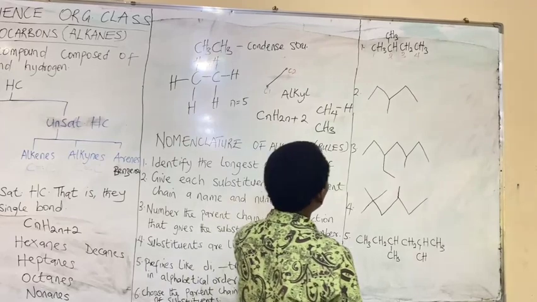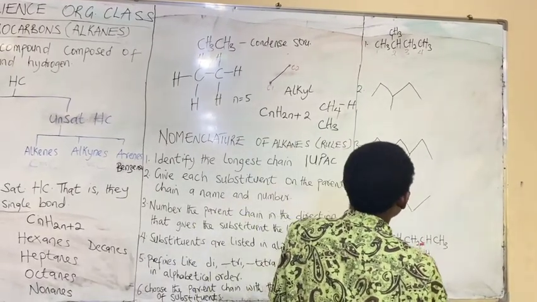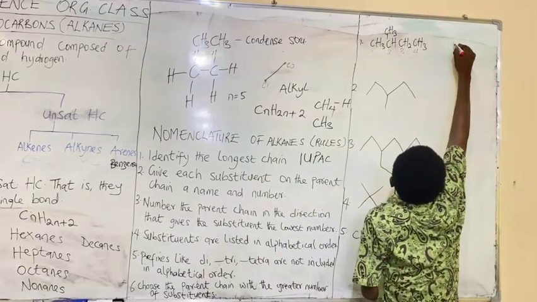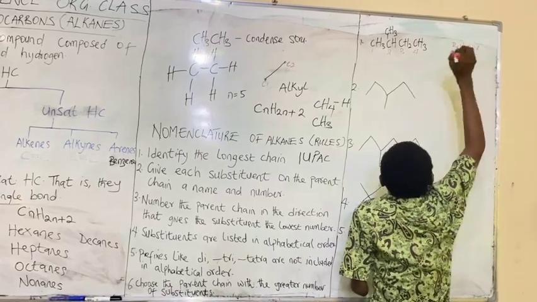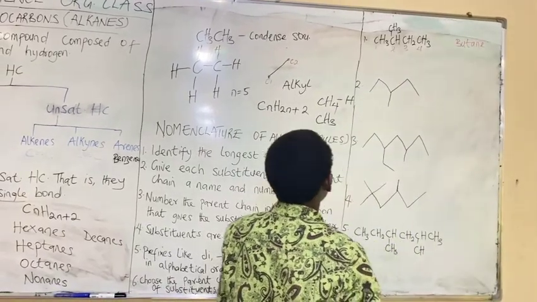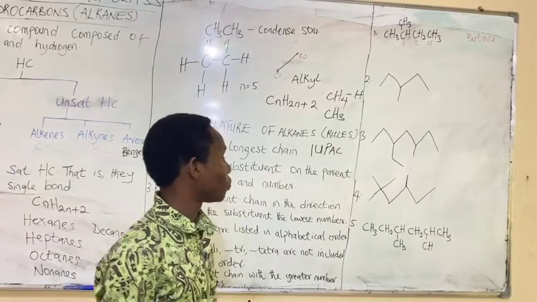We've been able to identify the longest chain as butane, because butane has 4 carbons. We've been able to identify the substituent also.